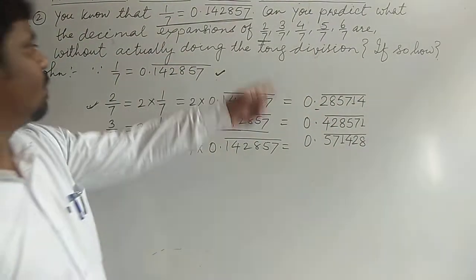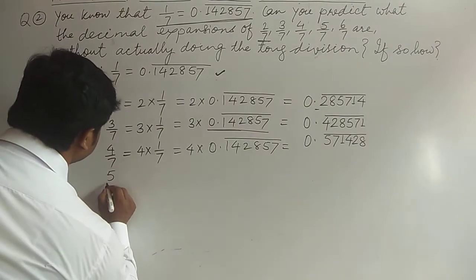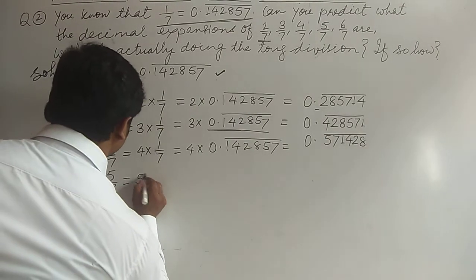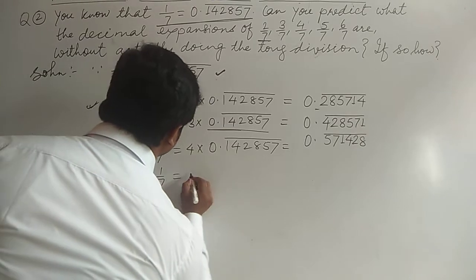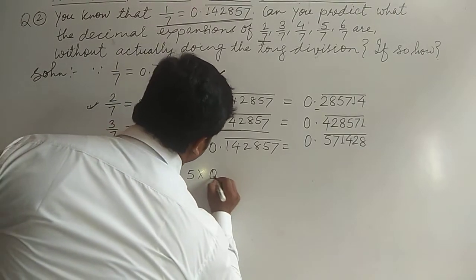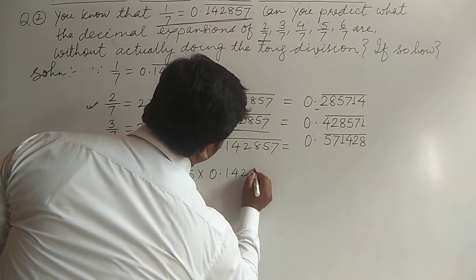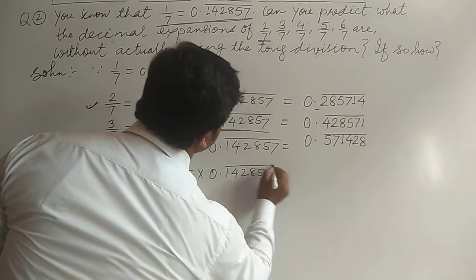Next, 5 by 7. So 5 into 1 by 7, 5 into 0.142857.